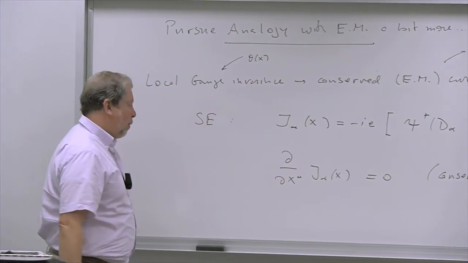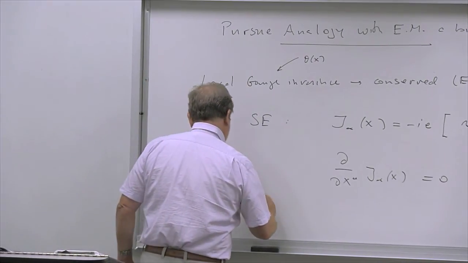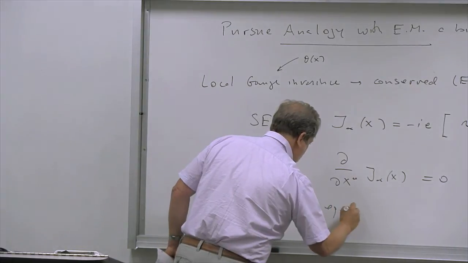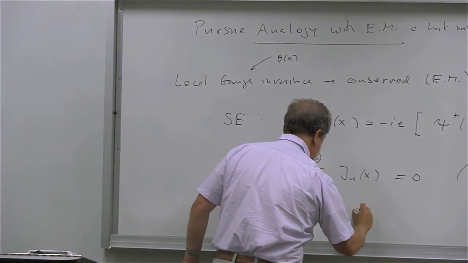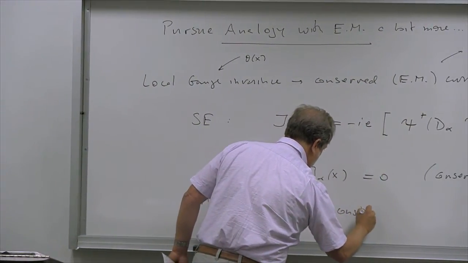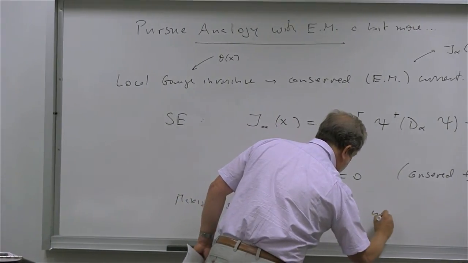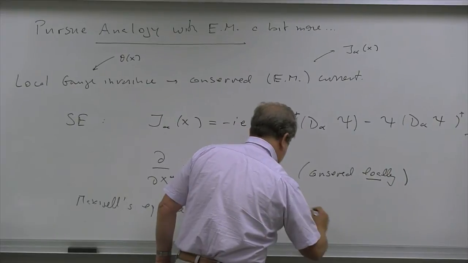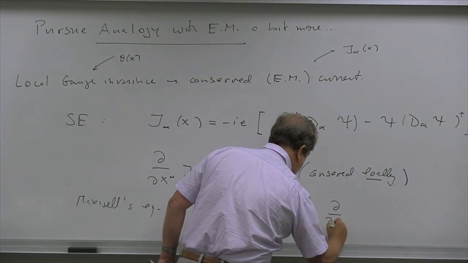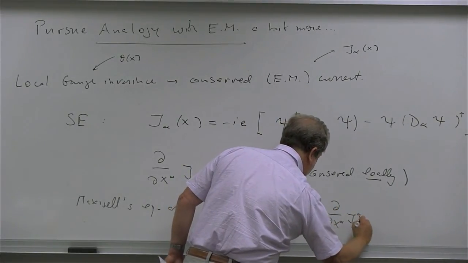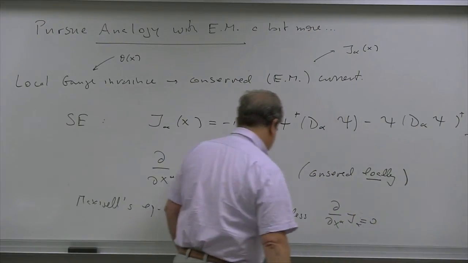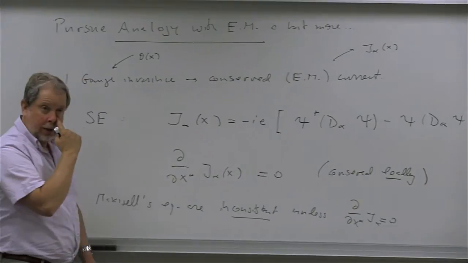And furthermore, the equations of electromagnetism, that is Maxwell's equations, are inconsistent unless we have that relationship, unless d by dx alpha J alpha is equal to 0. Maxwell's equations are inconsistent otherwise.